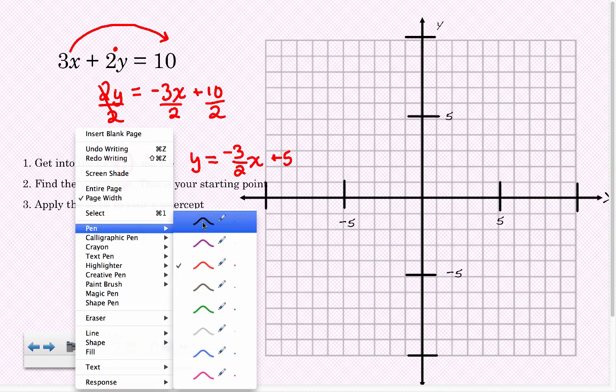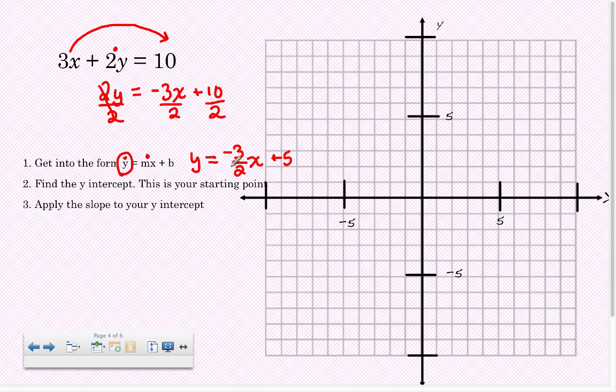All right, so let's graph. Find the y-intercept. 5. Apply our slope. Oh, we have another negative slope going on here. Wow, we had a lot of negative slopes going on here. Down 3, because remember, it's the change in y position over the change in x position.